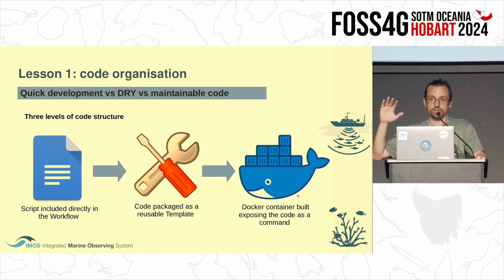We put the code in a separate repository. We expand it, we make it into a proper command line tool, we add tests to that, and we package it as a Docker container. Then this Docker container, again, will be able to be used directly in our workflows just by referring to it.